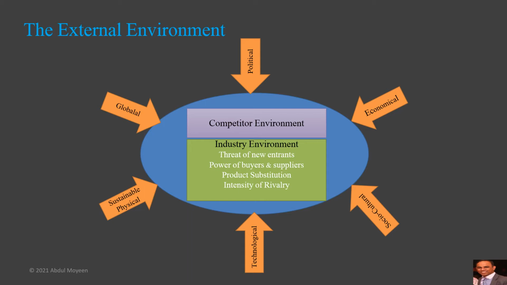The forces in the industry environment include the threat of new entrants, the power of suppliers, the power of buyers, the threat of product substitutes, and the intensity of rivalry among competing firms. An analysis of the industry environment focuses on the factors and conditions that influence an industry's profitability potential.